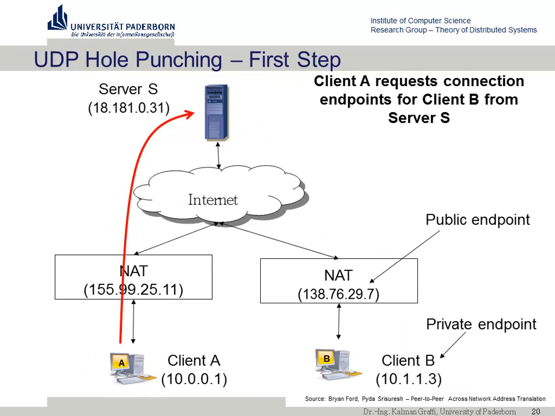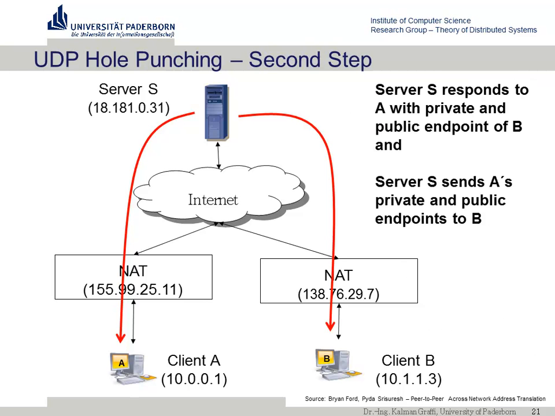Somewhat cleverer is the approach of hole punching. What you do there is request a connection to client B over a server S, and the server S tells me his public IP and his private IP and sends it back. So I have a server where I can ask for both public and private IPs of the clients.